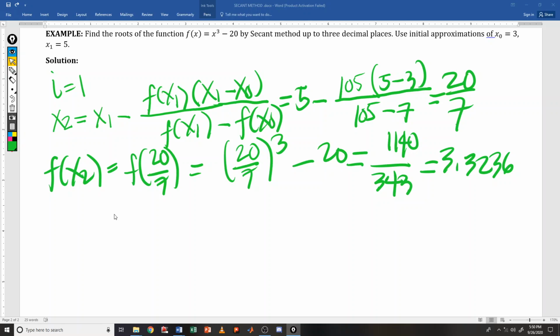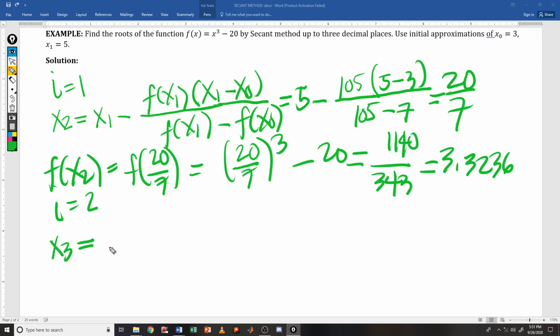So the next iteration would be i equal to 2, and this will now be x3.